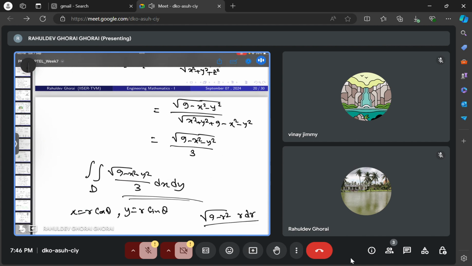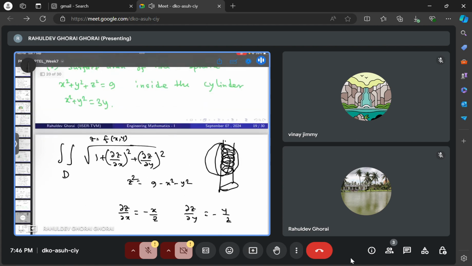This integration is very easy, and then you evaluate for theta and put in the required limiting values. But the main thing here is the rule: 1 plus del z del x whole square plus del z del y whole square. Once you do that, everything will be done. Then the other things you can just evaluate using the tools we have already done, right?